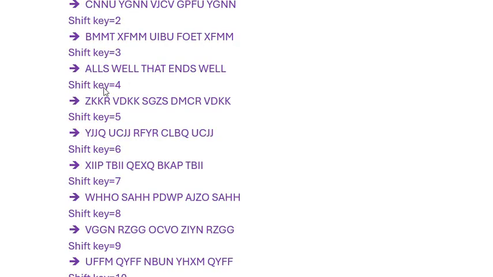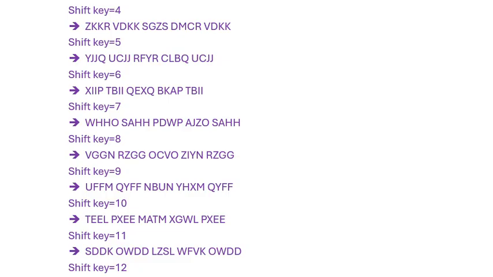Now for shift key is equal to 4, letter D is giving us Z. So you can see here letter D is here, right? So 1, 2, 3, at third we have I, and then you start from Z as the fourth one.